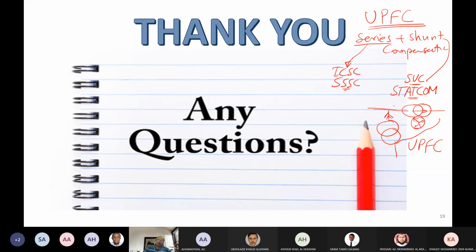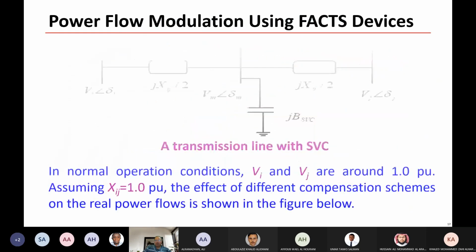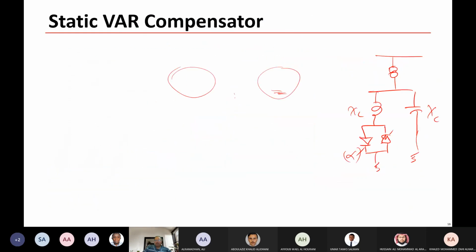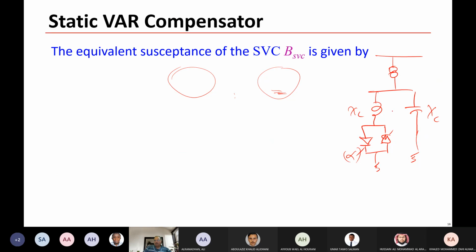And the beauty of the second generation, if you look here, you can see we have an inductor and a capacitor. For the second generation, we don't have such passive elements. We have what we call the voltage source converter, IGBT, and by switching, we can emulate the capacitor or the inductor here, and we can control it.